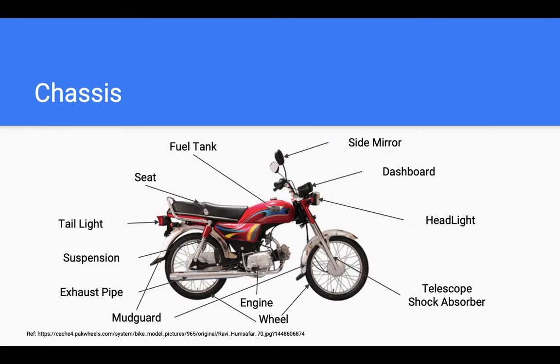So here is a side mirror, and then there is a dashboard on which we can check our speed and the fuel level. And there is a headlight, front shock absorber, wheels, engine, mudguards, an exhaust pipe, and a rear suspension system, tail light, seat and fuel tank.